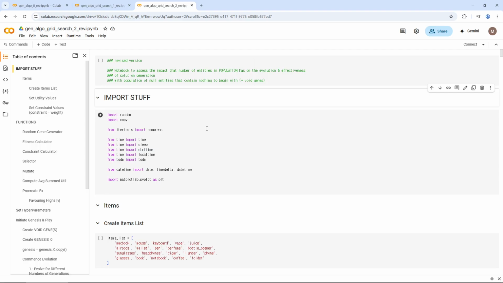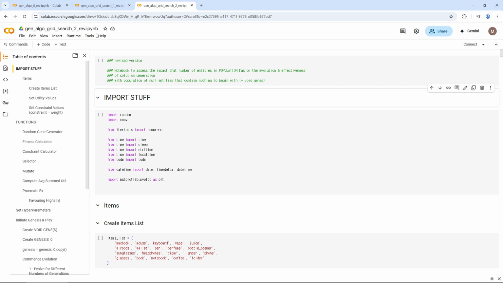In this video I'll be covering the Jupyter Notebook file called Genetic Algorithm Grid Search 2 Rev, as in revised. It's a revised version because, instead of calculating the average of the top 30 key values in the entities dictionary within each generation, I am calculating the average of the top n%, for example 10% of entities, in terms of their summed utility values.